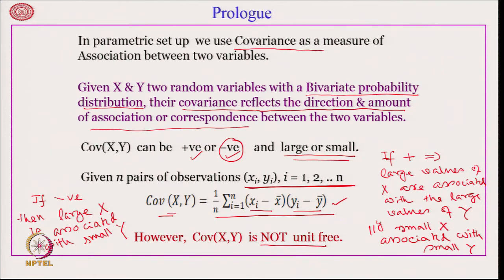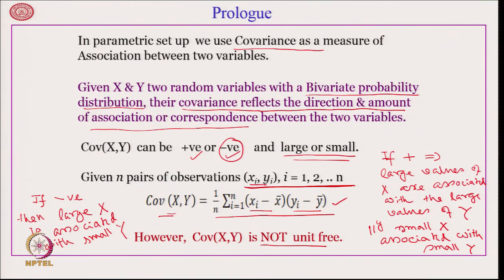That means that suppose x and y are height and weight of boys, then if height is measured in meters and weight is measured in kilograms, then these values will be smaller in comparison with when height is measured in foot and weight is measured in say pounds, and therefore, the magnitude of the covariance may change.